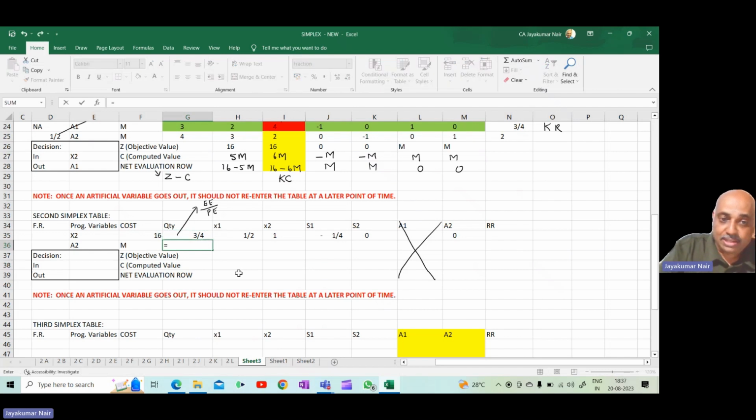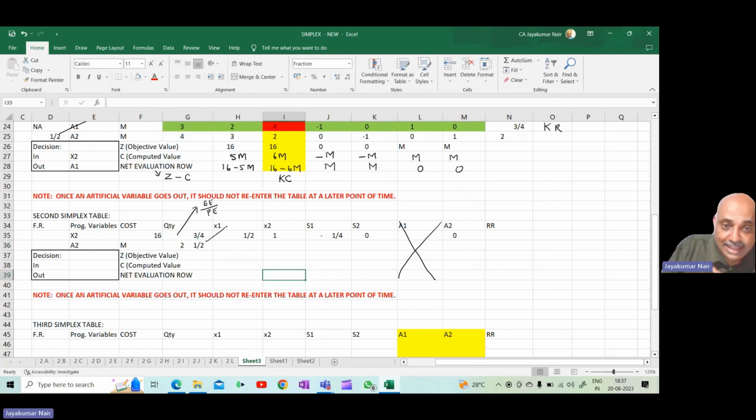Now coming to the second one. How do I calculate the second row, in other words, the non-key row? Go to the previous table, see what is the existing element. So that minus, open the bracket, and you take the key row element multiplied by the fixed ratio, which is 1 over 2. So I repeat again, how did I get this?